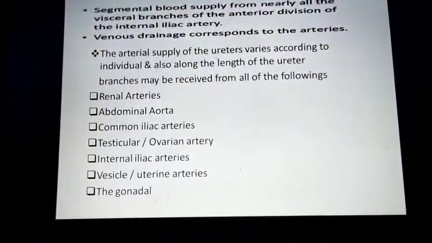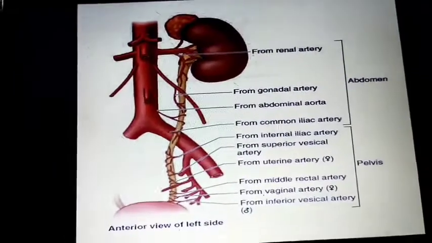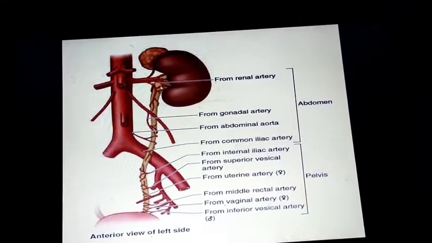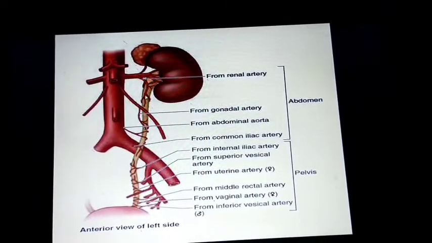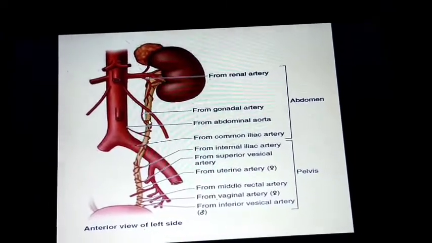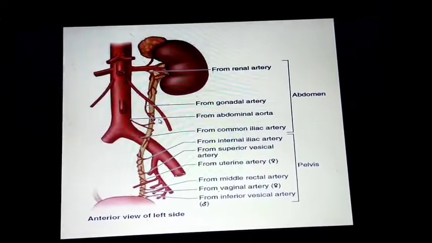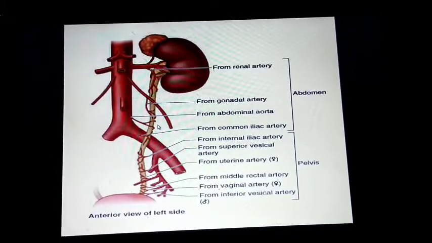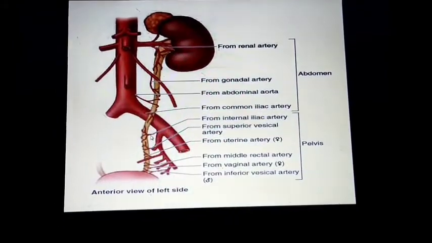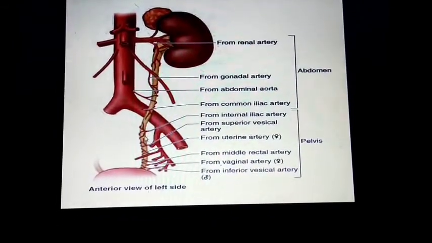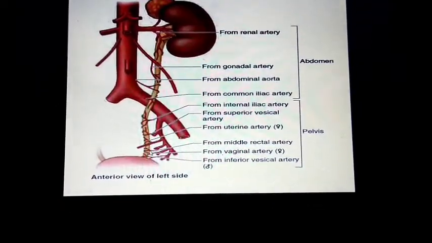You can see here very easily according to segment: the renal pelvis, branches of the renal artery, then branches of the aorta, then the gonadal artery, then branches of the common iliac artery, then the internal iliac artery, then the superior vesical arteries.